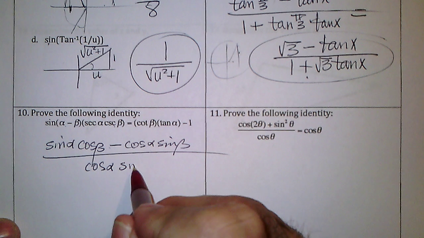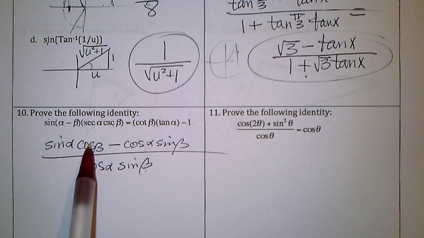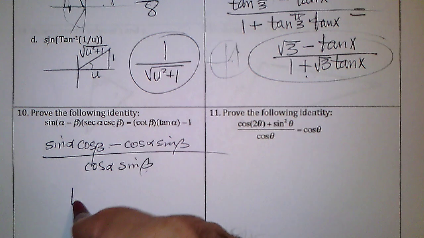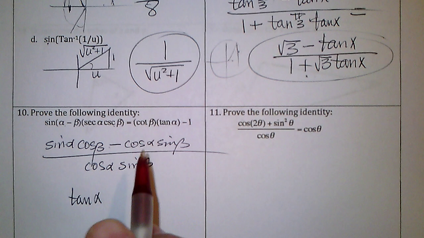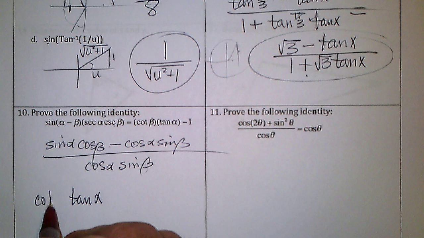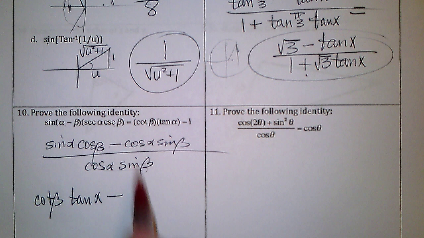Cosecant is 1 over sine beta, so those go in the denominator. If I put this under these, I get sine alpha over cosine alpha, which is tangent alpha. And I get cosine beta over sine beta, which is cotangent beta. And if I put it under this, I get 1.